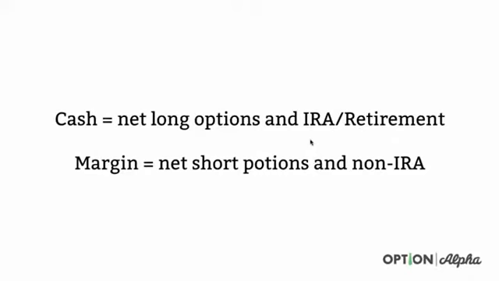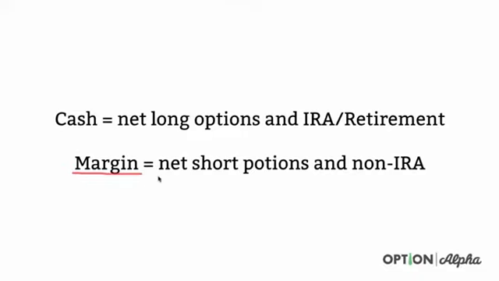Margin is when you borrow, or you have less money put up than the maximum amount of risk in the trade. This is why we talk a lot here at Option Alpha about keeping your position size small, keeping your overall allocation small, because margin can expand, and we have done podcasts and video tutorials on that, which you can definitely check out. But margin is basically borrowing money, or trading with a little bit of help from the broker, okay?